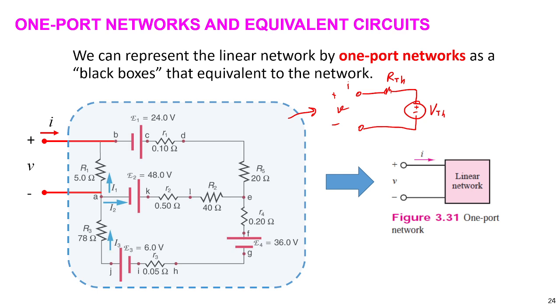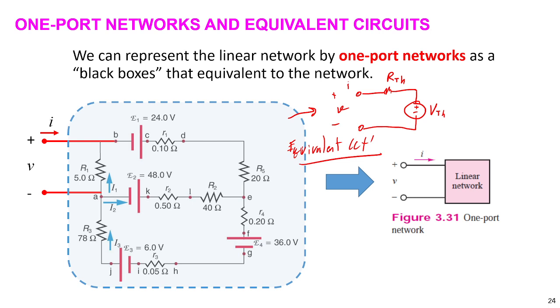For example, if I connect 3 ohm here, I will get voltage and current similar to when I connect 3 ohm there. So it is very convenient to transform this complex circuit into one single source and one resistor. We call this an equivalent circuit.